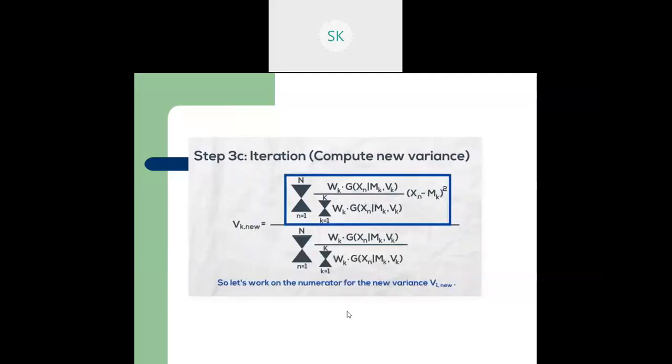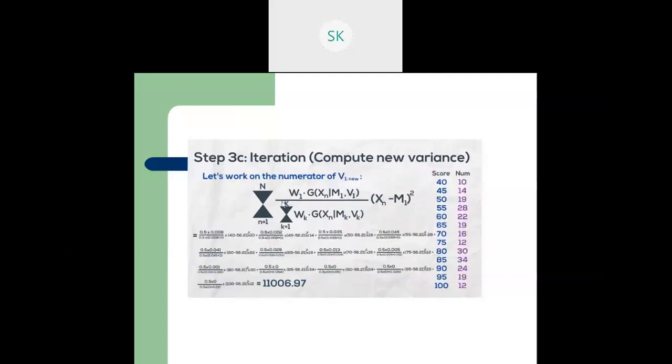First we'll compute the numerator for the new variance. Just look here: 40 minus 56.21. 40 is the score of the student, x1, so x1 is equal to 40, minus m1, which is 56.21, the mean value, squared. 45 is x2, for the second bunch of students, 14, so it is multiplied at the end. 45 minus 56 is squared.